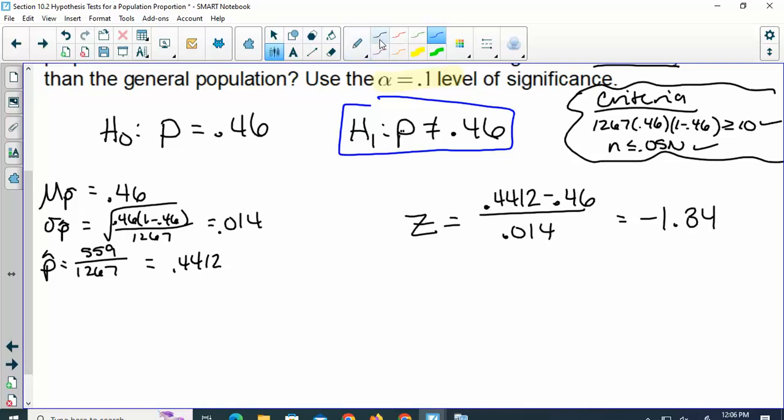So when we find this, we can find the probability that our z is less than negative 1.34. If I look at that from my table, we get 0.0901.